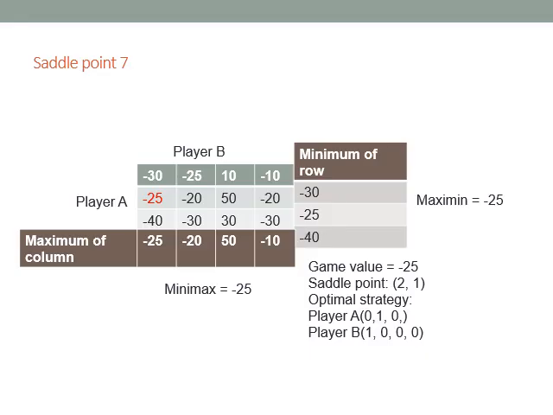The place of negative 25 is the intersection cell between row 2 and column 1, respectively. The saddle point is 2, 1. 2, as mentioned before, stands for row 2 and 1 stands for column 1.